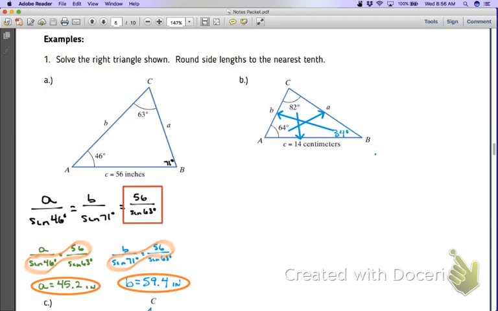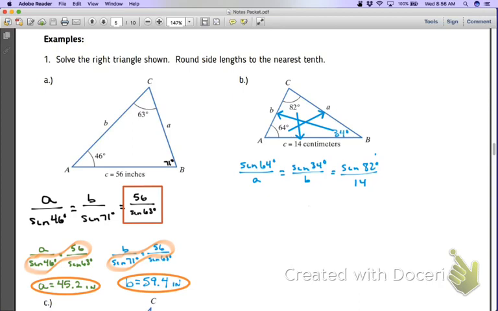And you just set up the proportion and cross multiply. Again, it does not matter if you put the sine of the angles on top and the side lengths on the bottom. That works just as well. So if I write this as sine of 64 degrees over A equal to sine of 34 degrees over B equal to sine of 82 degrees over 14, do not switch and put the sine on the top here and the sine on the bottom there.